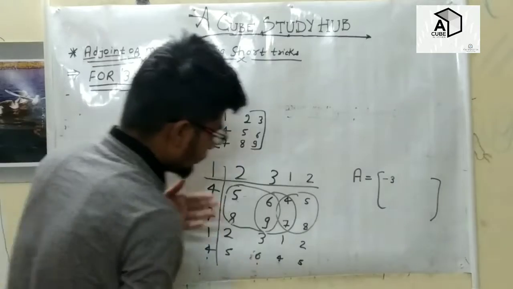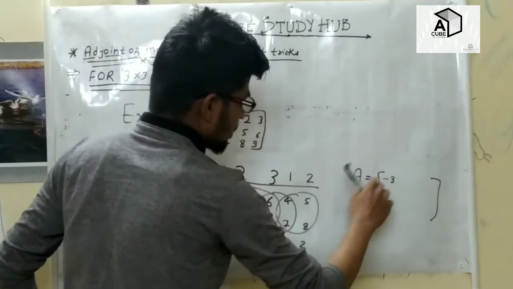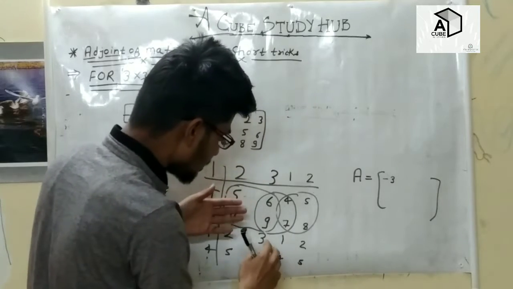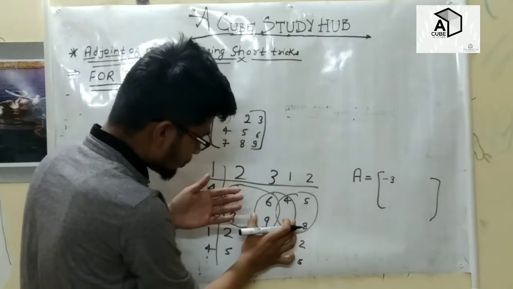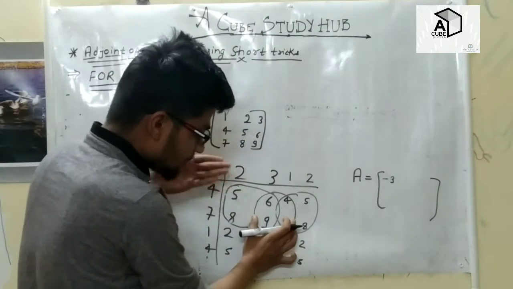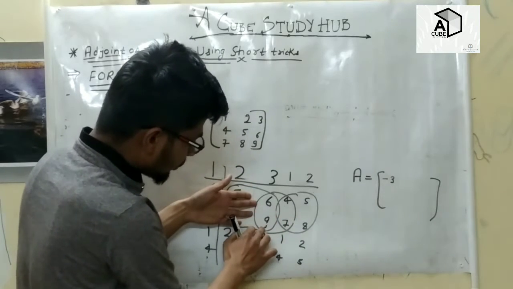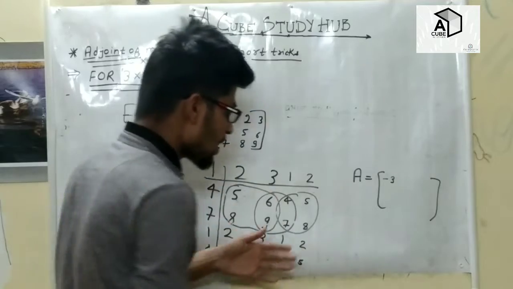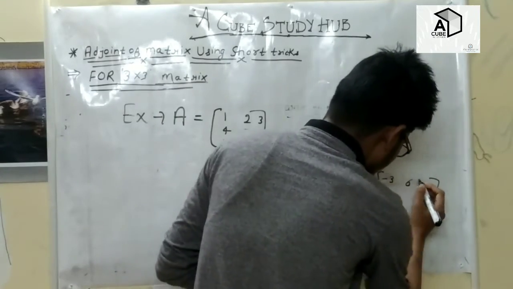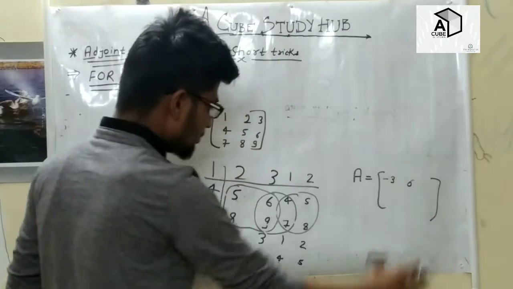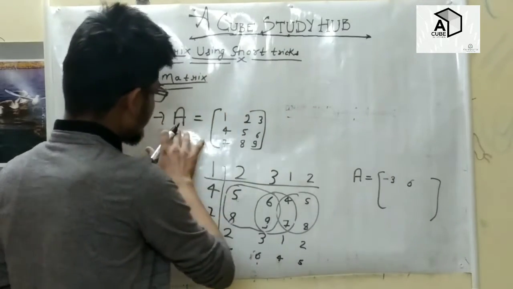Simply, for the element of the cofactor of A at position A12, we will take this 2 cross 2 matrix and find its determinant. So 7 into 6, 42, minus 9 into 4, 36, that gives 6. Now similarly we will do our process to find the remaining elements in the cofactor of this matrix.